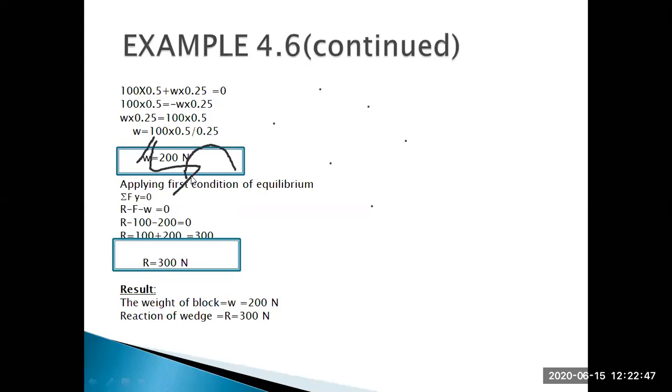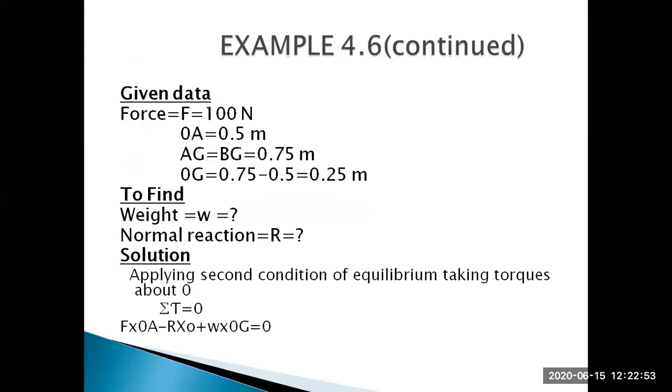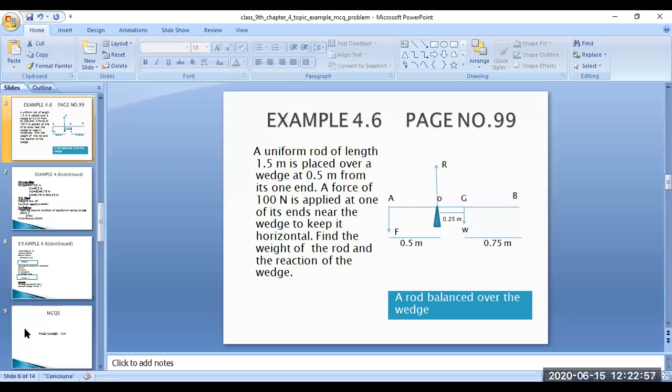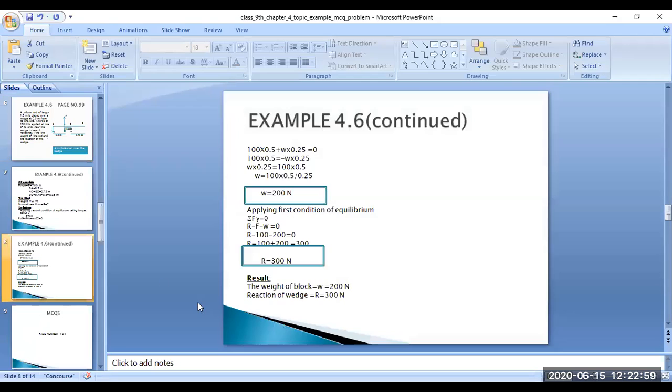So our weight is 200 Newton and our normal reaction is 300 Newton. These are the two things required in this numerical: the weight of the balloon, which is 200 Newton, and the normal reaction of the wedge R, which is acting upward, is 300 Newton. So this is the end of numerical example 4.6.